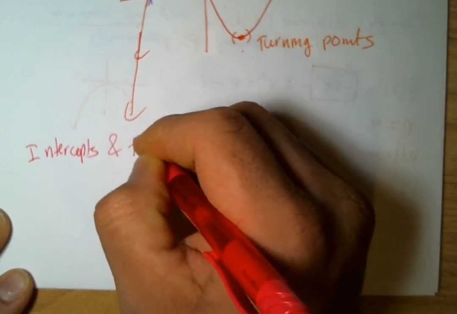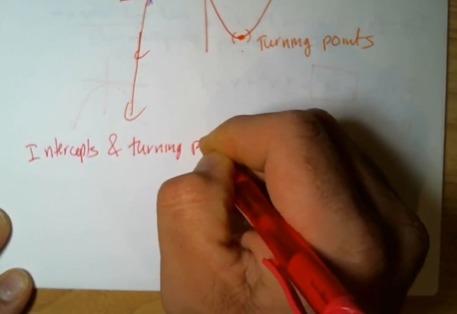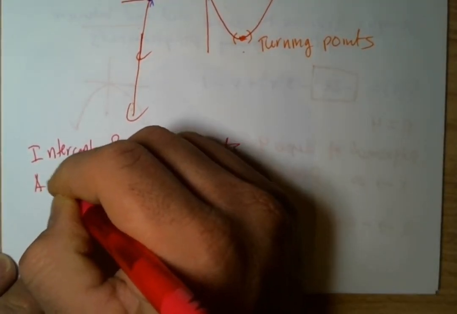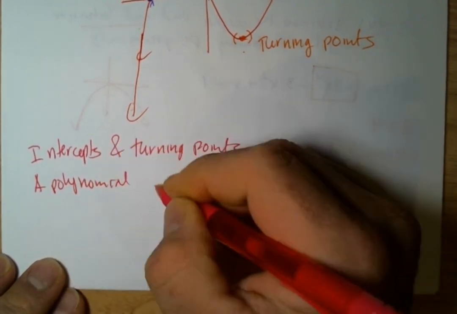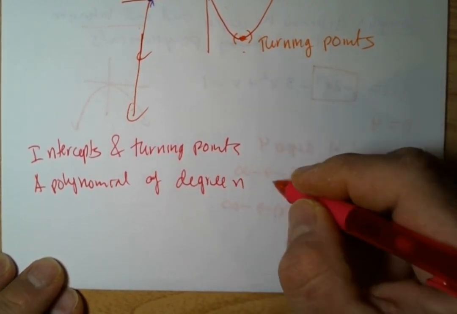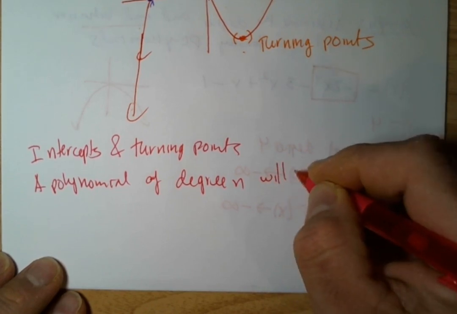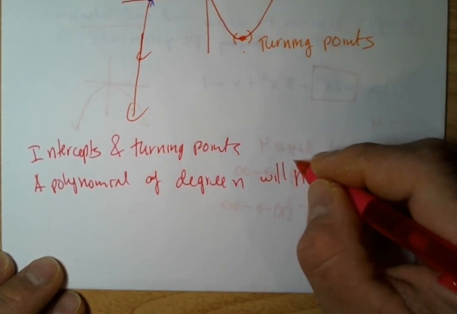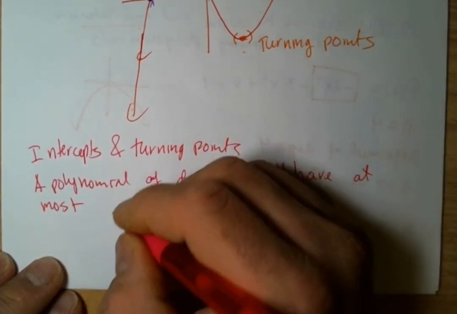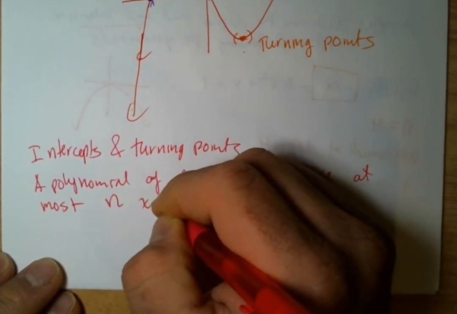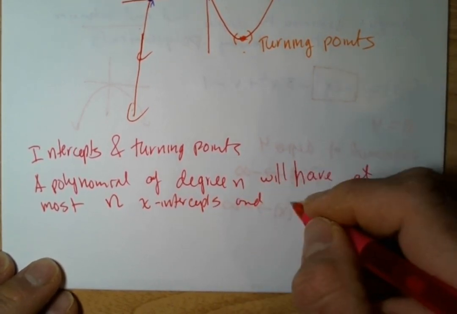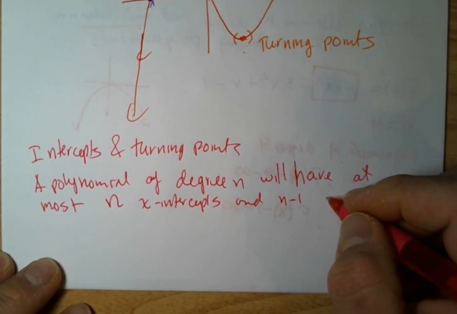So a polynomial of degree n will have at most n x-intercepts and at most n minus 1 turning points.